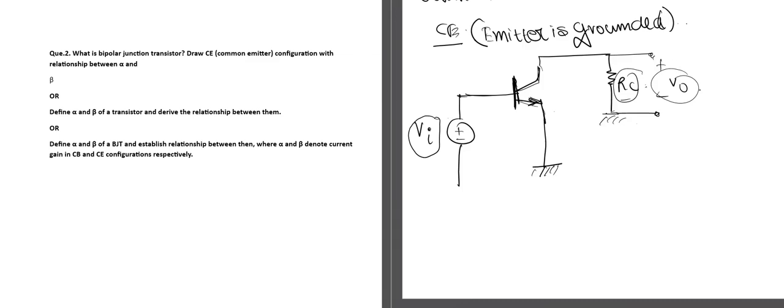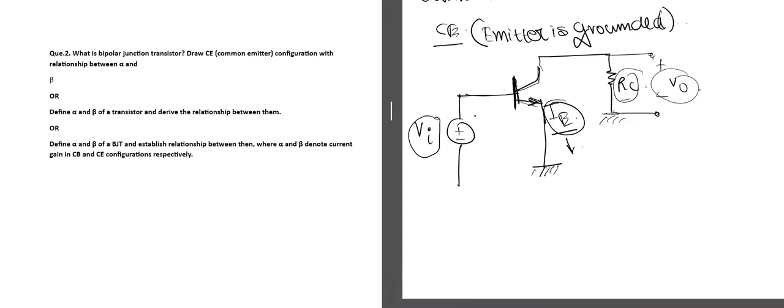Okay, so let us learn about the current amplification factor. In this CE mode, as I have said, the emitter region is grounded. The current flowing to the emitter terminal flows to the ground, so this current has no significance in CE mode, or the IE current will not exist in our scenario.